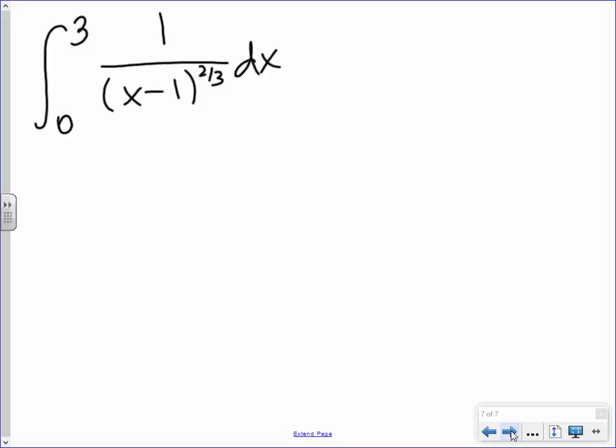Okay. What's the issue? It's somewhere in the range, which is x equals 1. We have a discontinuity at 1. So we need to break this up at 1.